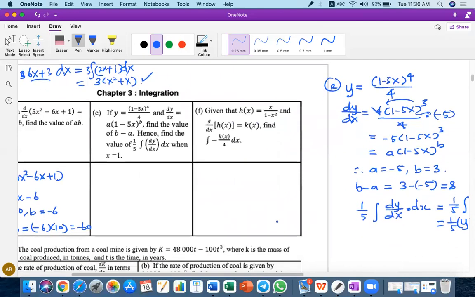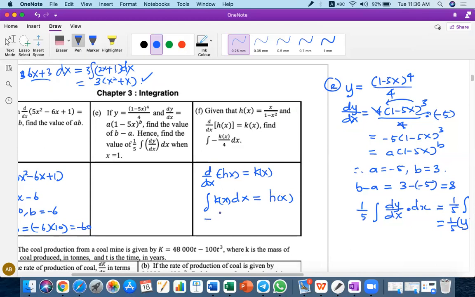How about F? F is h(x) equals x over (1 minus x squared), and d/dx of h(x) is equal to k(x). So if I integrate k(x) dx, I should get my h(x) back.